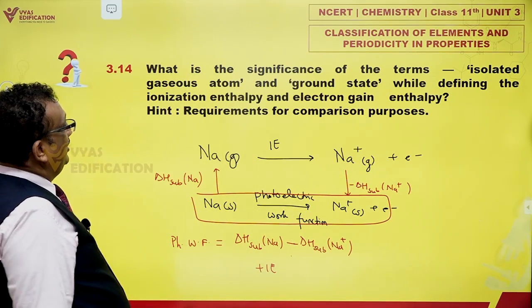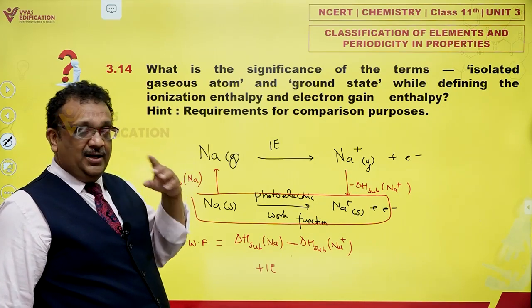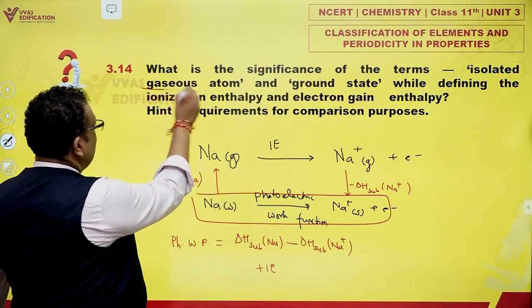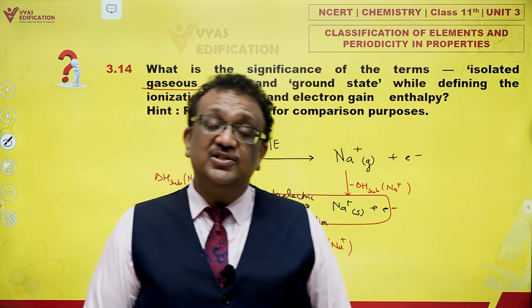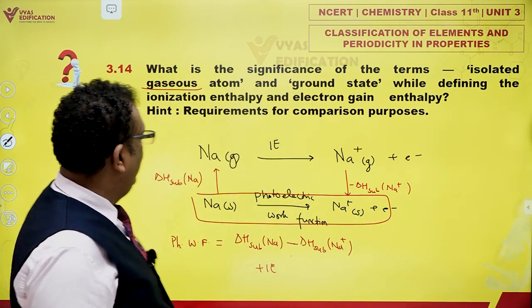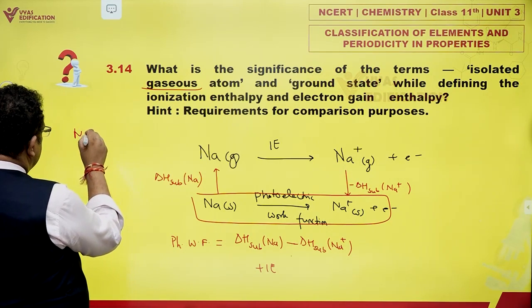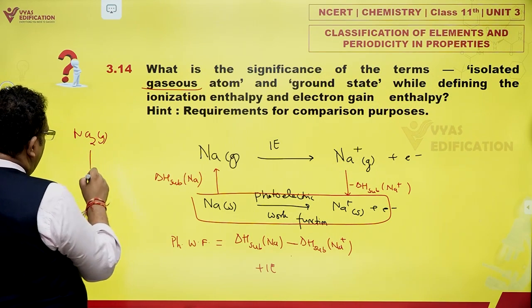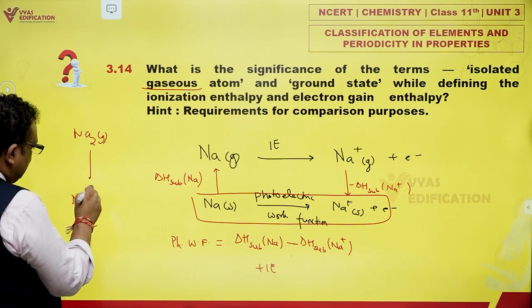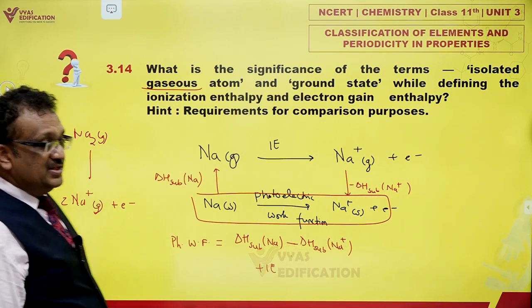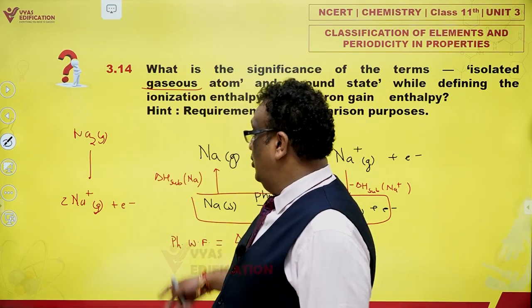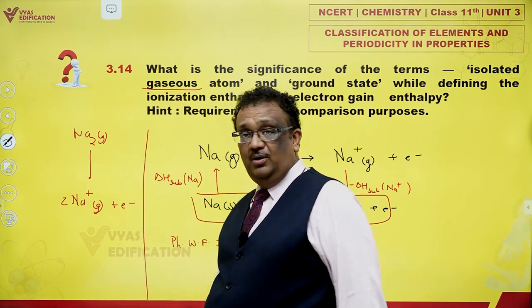So when they say isolated gaseous atom, is the word gaseous necessary? Very necessary. Why isolated? If it is not isolated, say for example, if I have Na2 gas giving me Na plus gas plus electron, then during ionization, I am also supposed to break the Na-Na bond.